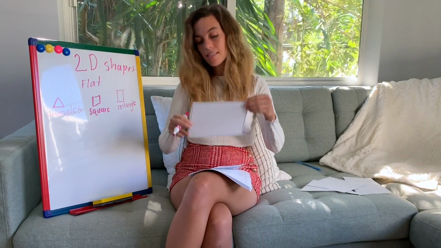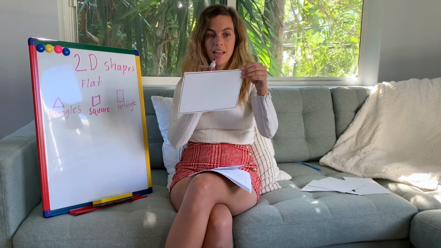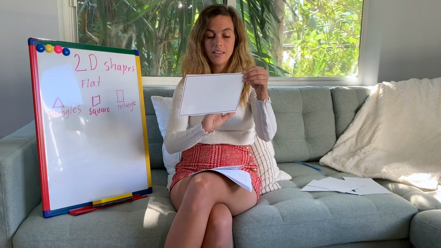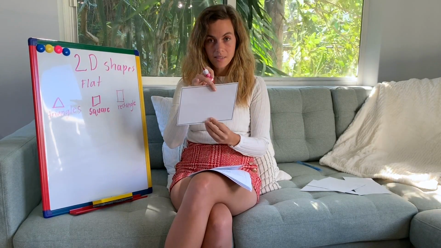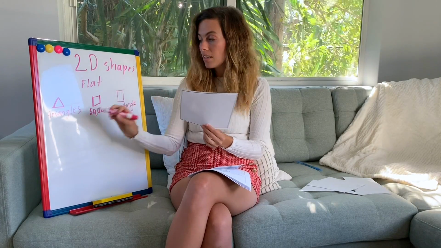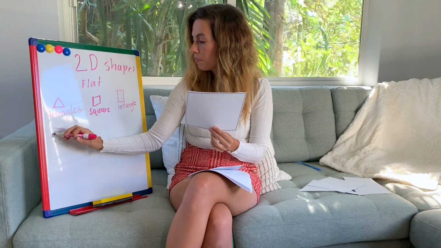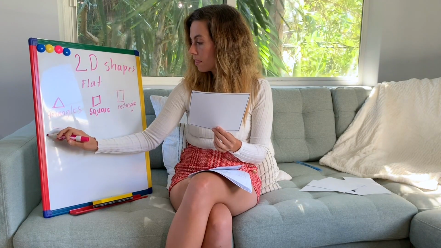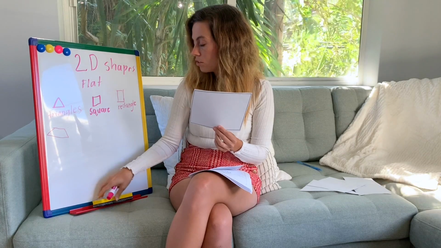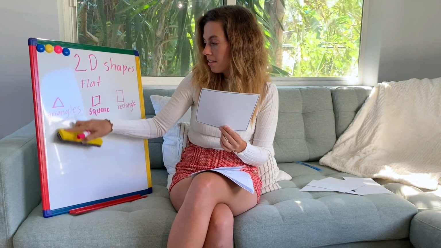Okay, our next shape also has 1, 2, 3, 4 sides, and this is called a parallelogram. Ooh, I made a trapezoid. Just kidding. Sorry.